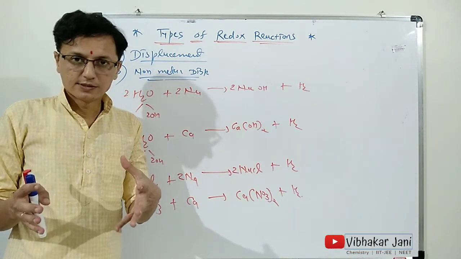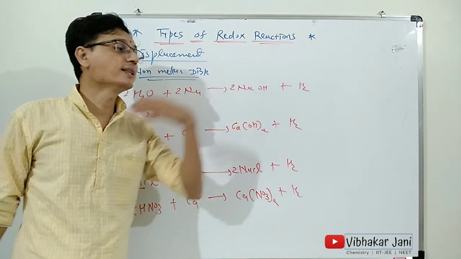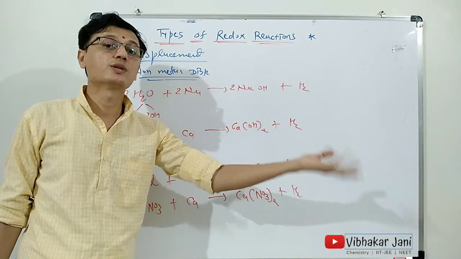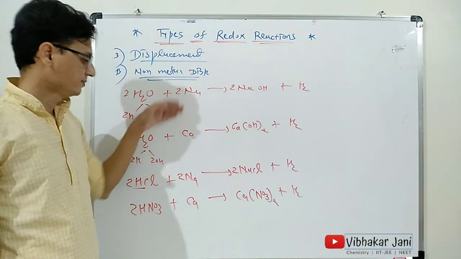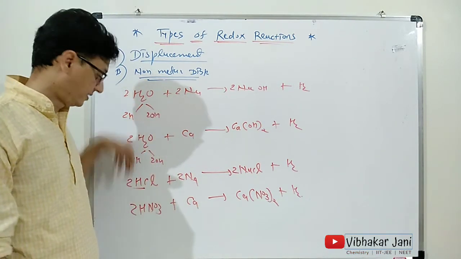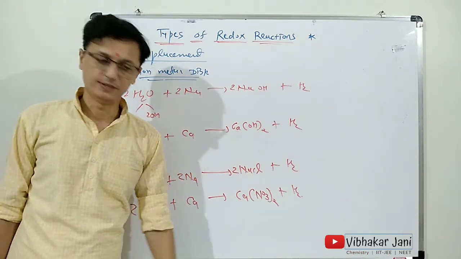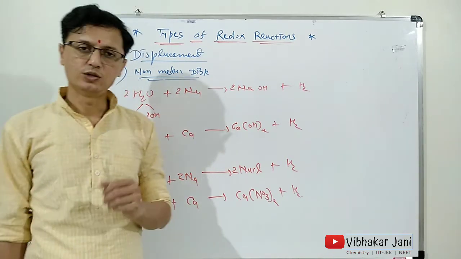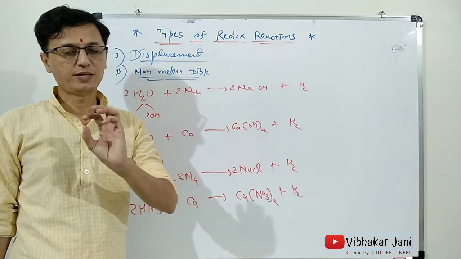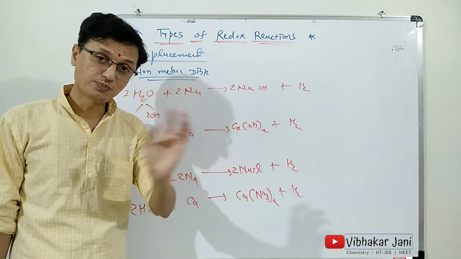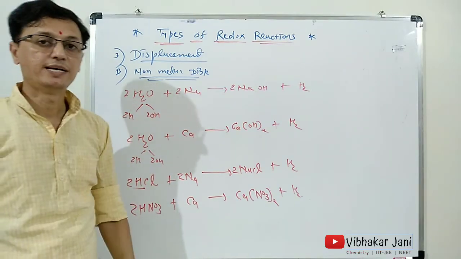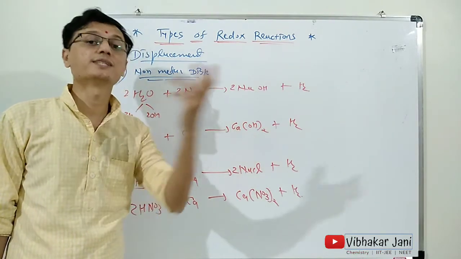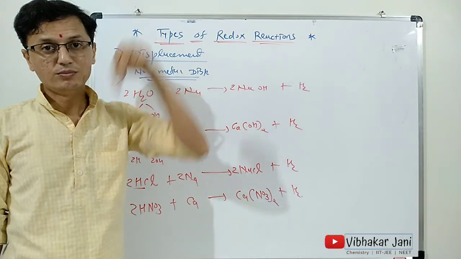If a substance is divided into 2 or 3 substances, then it is decomposition. And if some elements can displace other elements, then it is a displacement reaction. They are divided into 2 subtypes: metal displacement, in which a metal is displaced by a more reactive metal, and non-metal displacement, in which a non-metal is displaced by a reactive metal.